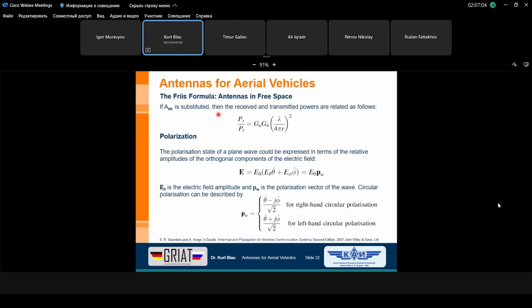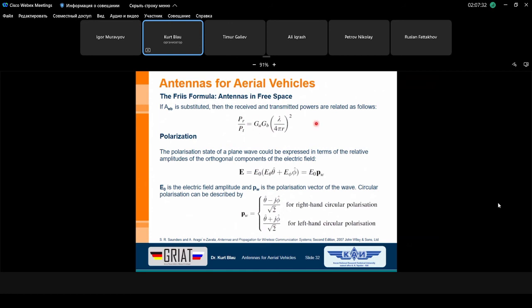Yeah, and then if we use the quotient between receive power and transmit power, then we have a very similar formula, because in this case the effective aperture of both antennas is substituted, and then we have the product of both gains. And here we have, in principle, the surface of a sphere related to the wavelengths.